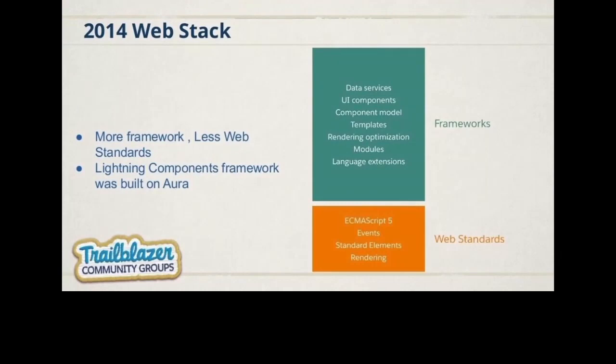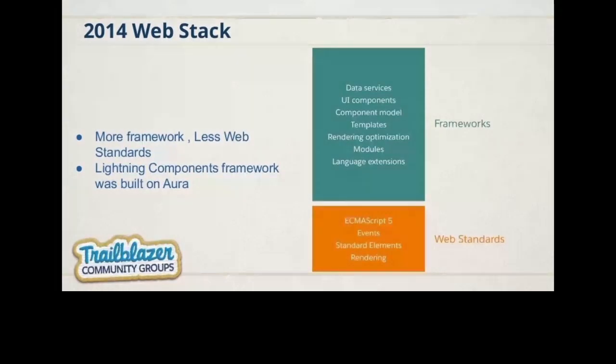I know this is a very boring part, but I would like to cover this as well. In 2014, what was the web stack? In 2014, the web was not innovating at rapid speed. All the features which frameworks required from the platform were not provided.